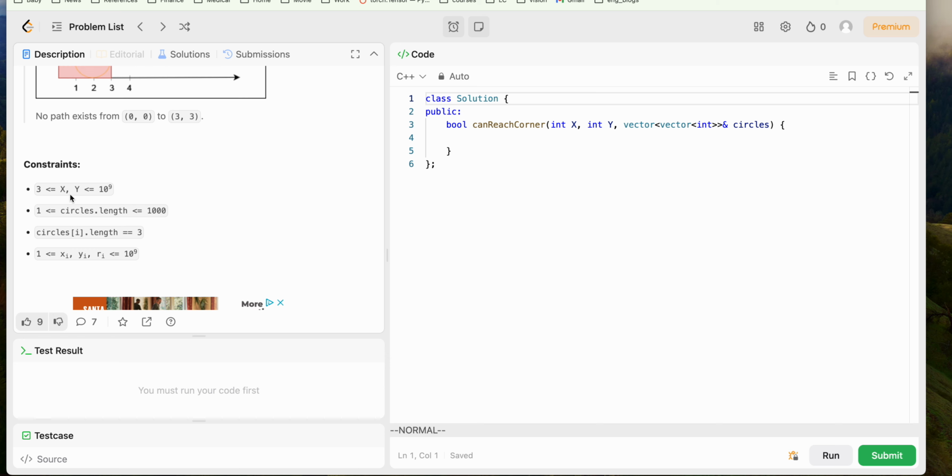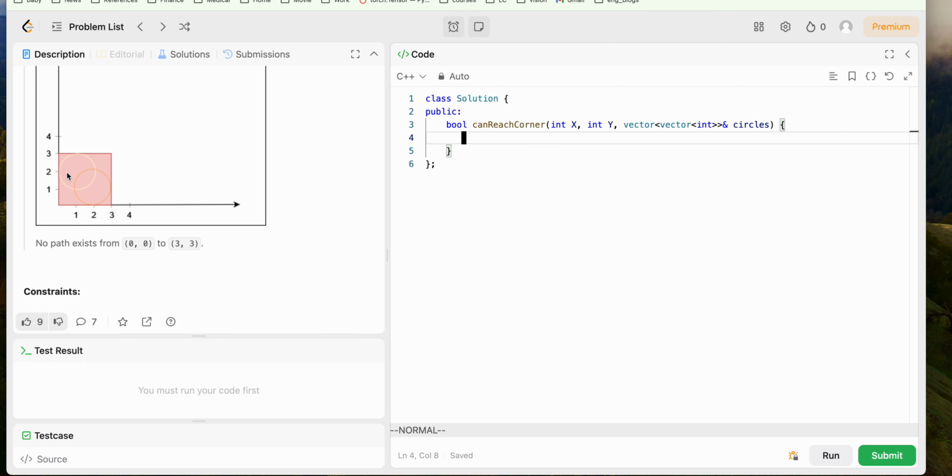Let's see. The x, y are pretty large. However, the number of circles is just 1000. So an n squared algorithm should be able to work. This figure actually reminds us that we can group those circles based on whether they have overlap or not.